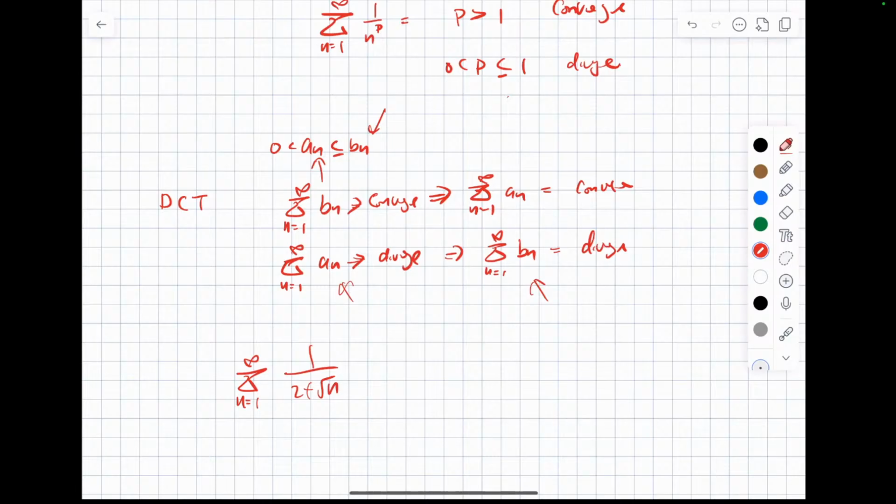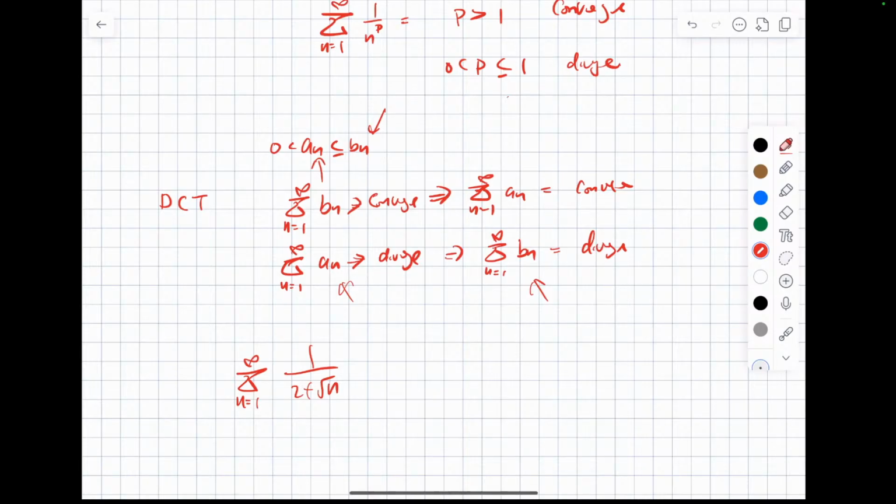Yes, but we found out 1 over square root n is not a good thing to compare with. Why? It diverges.